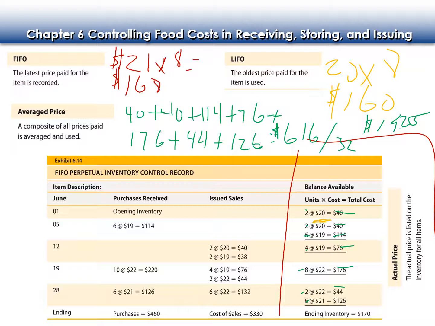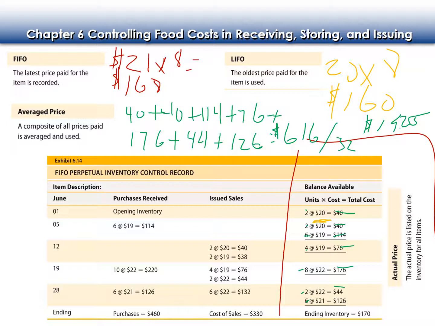So, which one is the most detailed? The actual, right? But if I have a spreadsheet, an Excel, or some kind of property management system that can manage my inventory, then this actual can be done. If not, FIFO or LIFO is the easiest way.